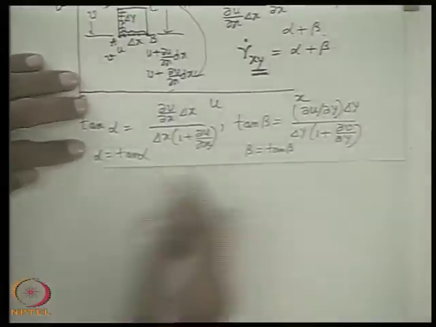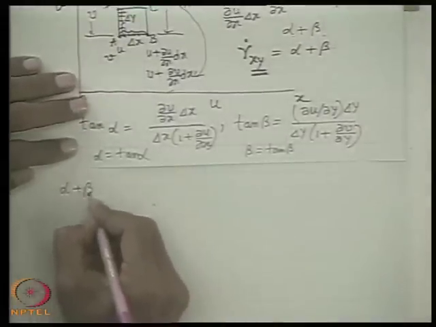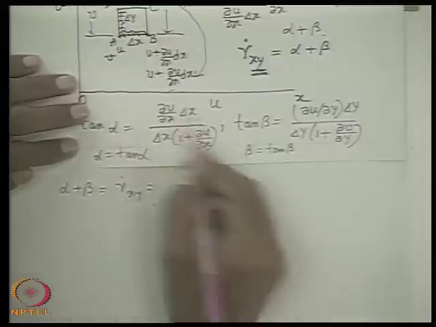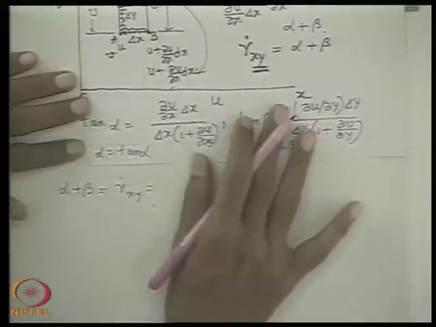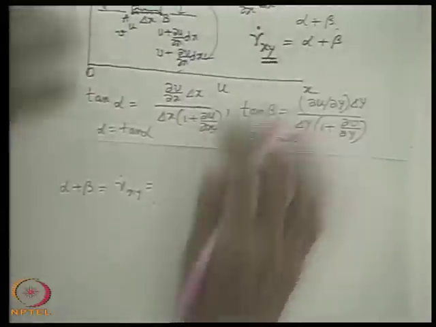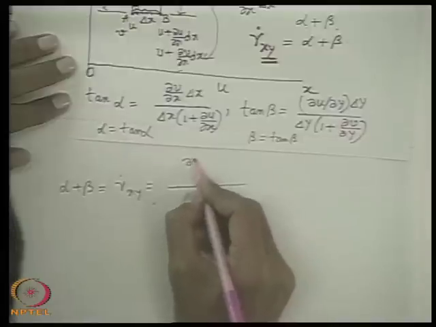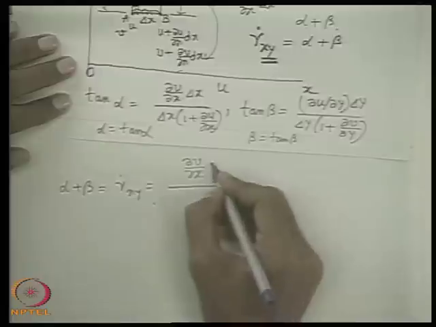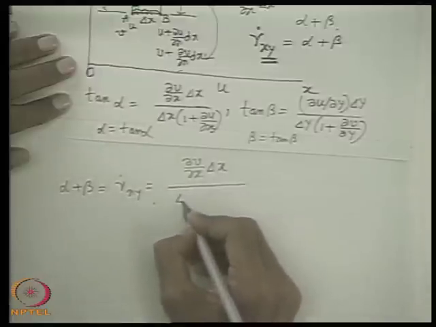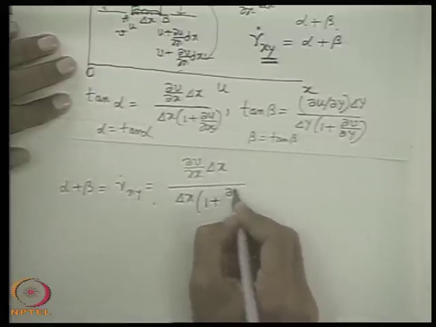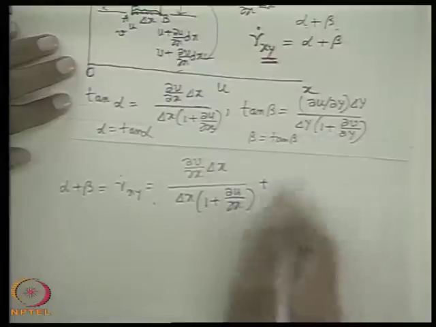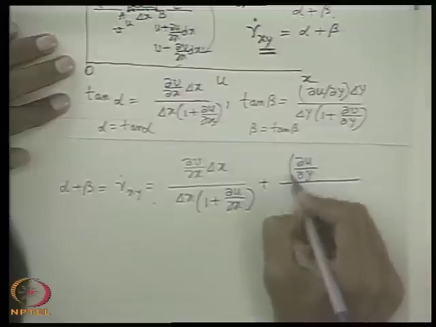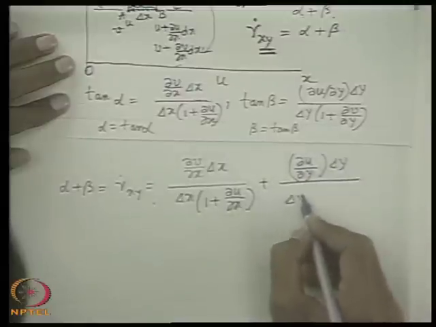So, therefore, we can write alpha plus beta is equal to gamma dot xy is equal to del v del x times delta x divided by delta x into 1 plus del u del x, plus simply this quantity, del u del y delta y divided by delta y.